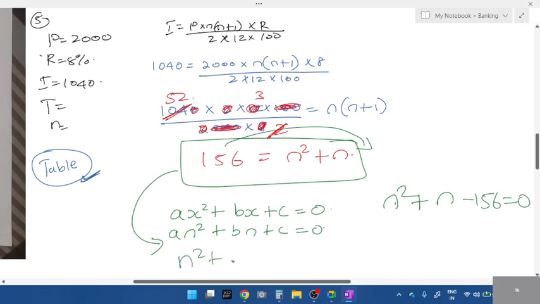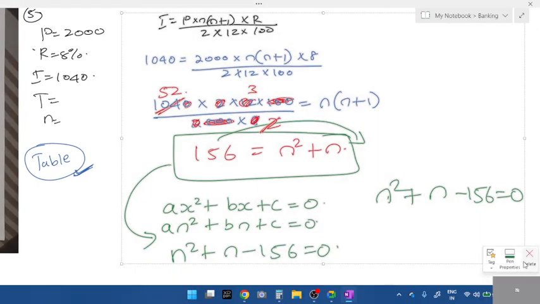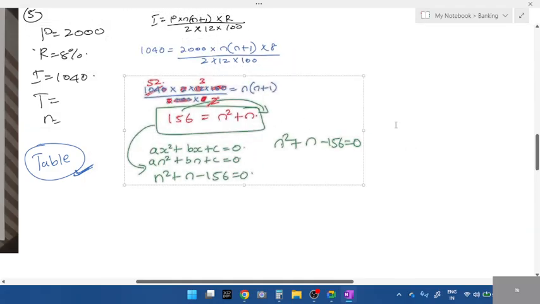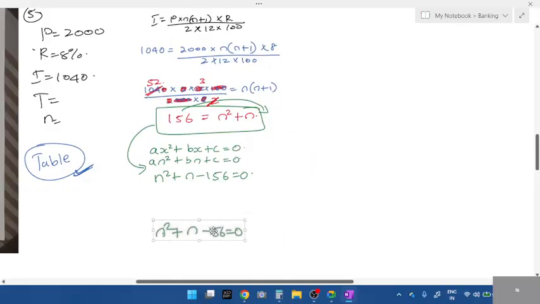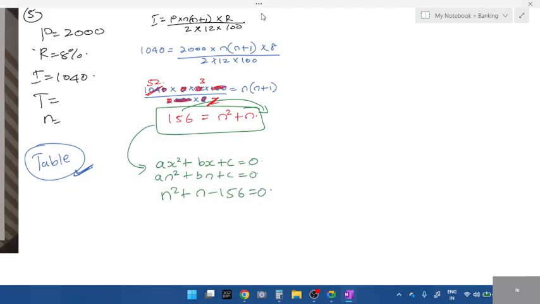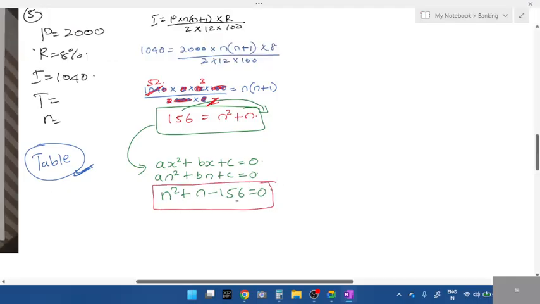N square plus n minus 156 is equals to 0. So this is the question, students.